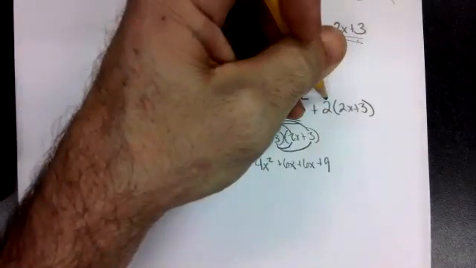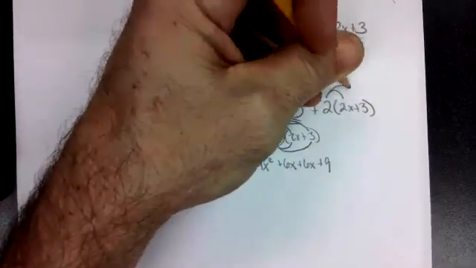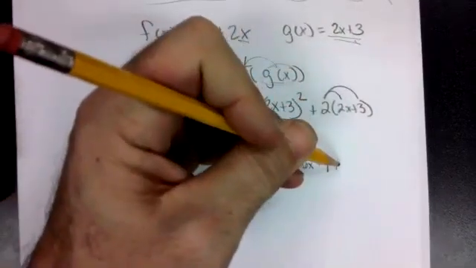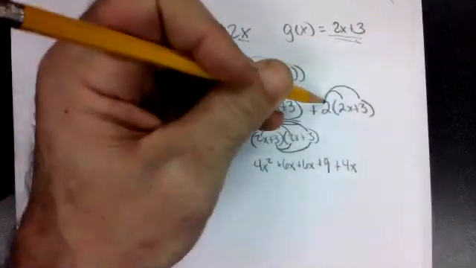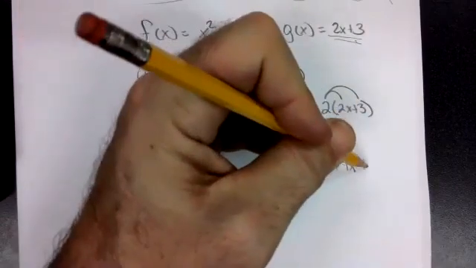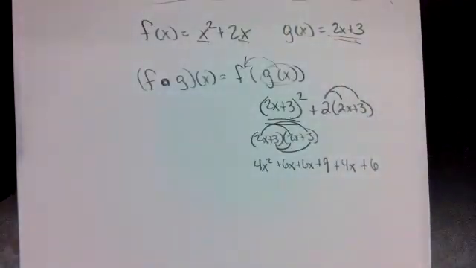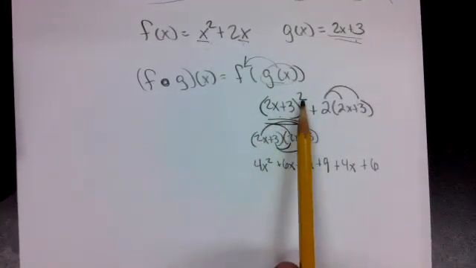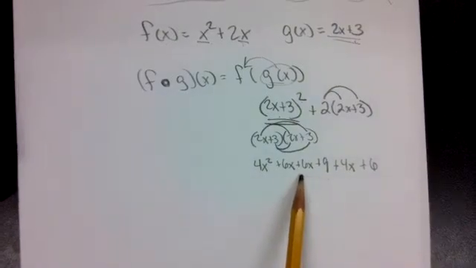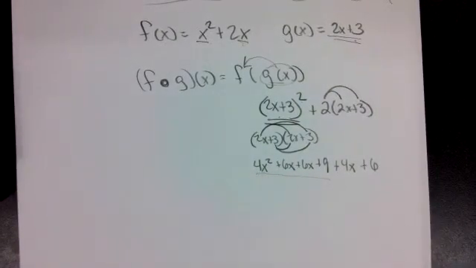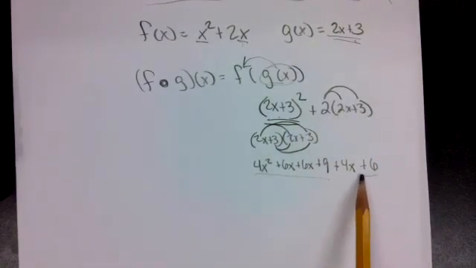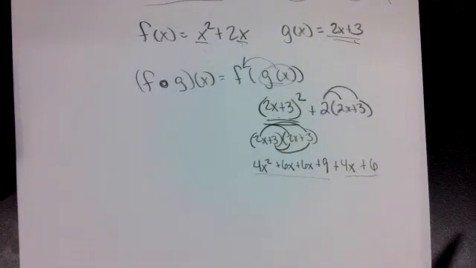Then we also have this 2 to distribute. So 2 times 2x is 4x, and 2 times 3 is 6. So algebraically, this 2x plus 3, quantity squared, became that piece. And this 2 times 2x plus 3 became that piece.